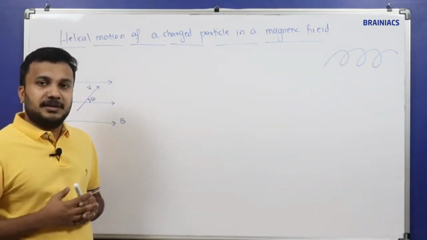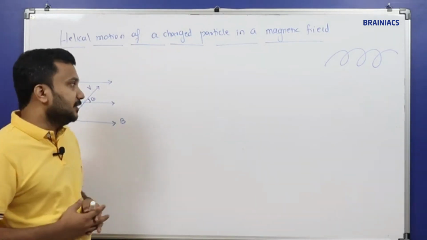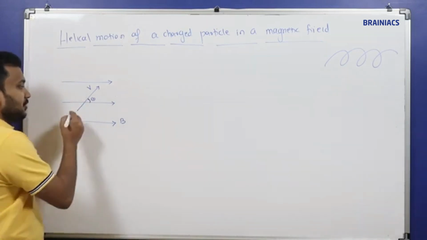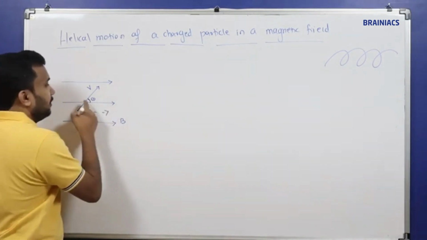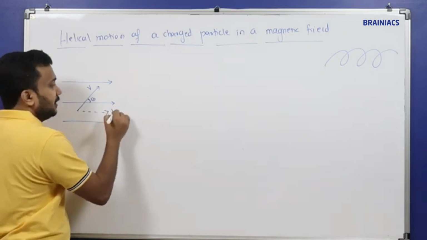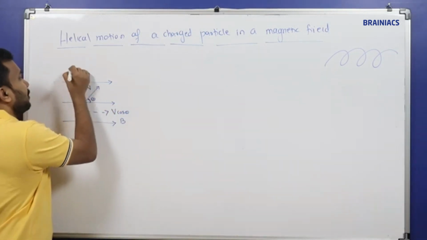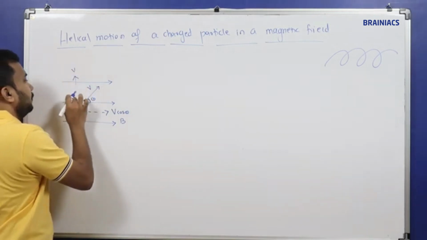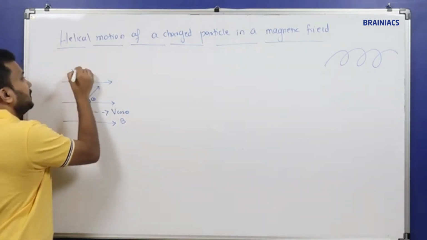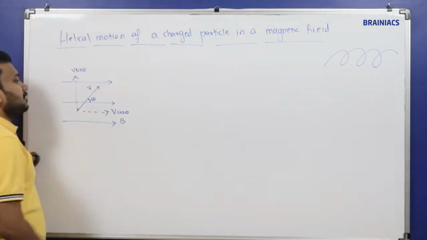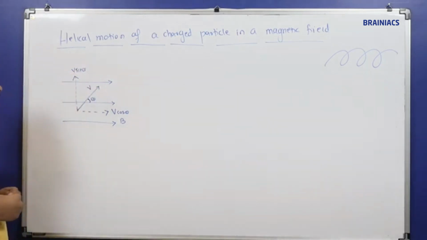The x component, along the direction of theta, is v cos theta. The other perpendicular component is v sin theta. So v cos theta and v sin theta are the two components.